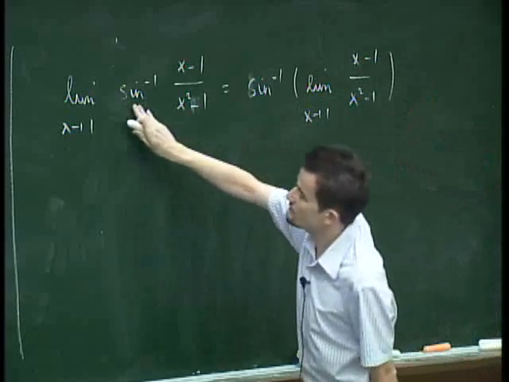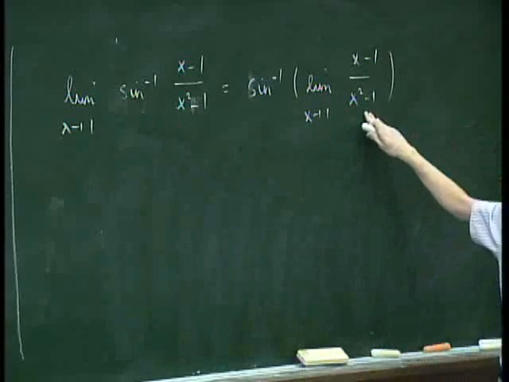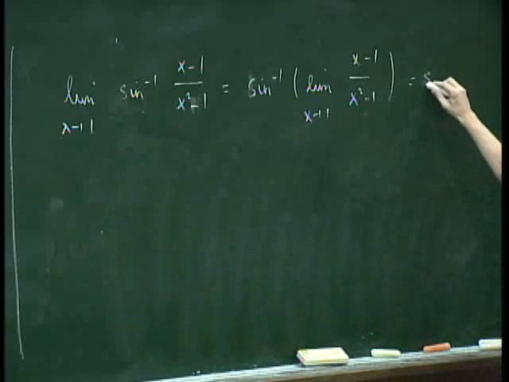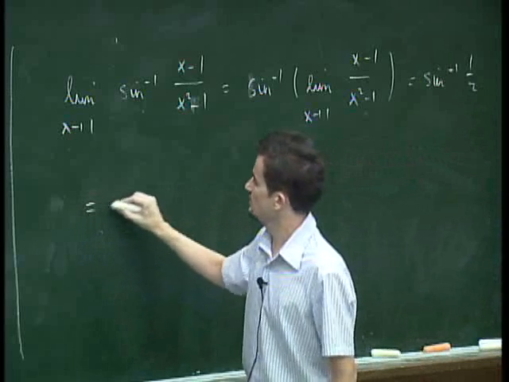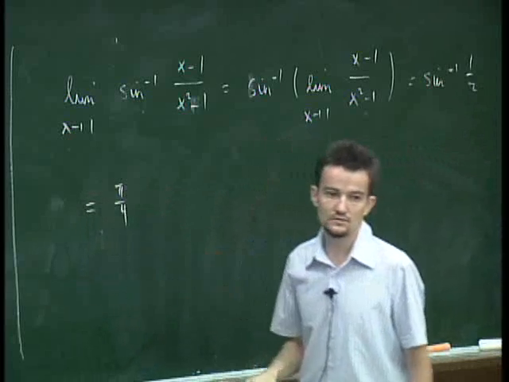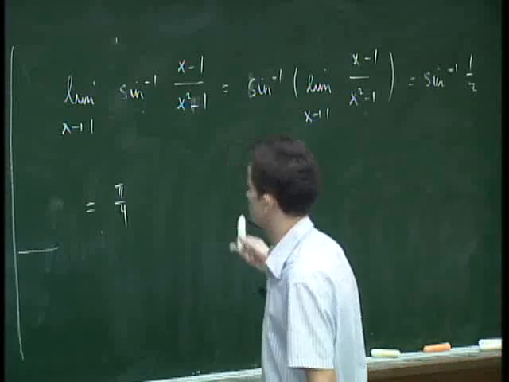Because the inverse trigonometric function is continuous, you can take in the limit. Now, this limit, we have computed this already many times, is 1/2. So the answer is pi over 4. So you see already how to apply this using such an easy example.